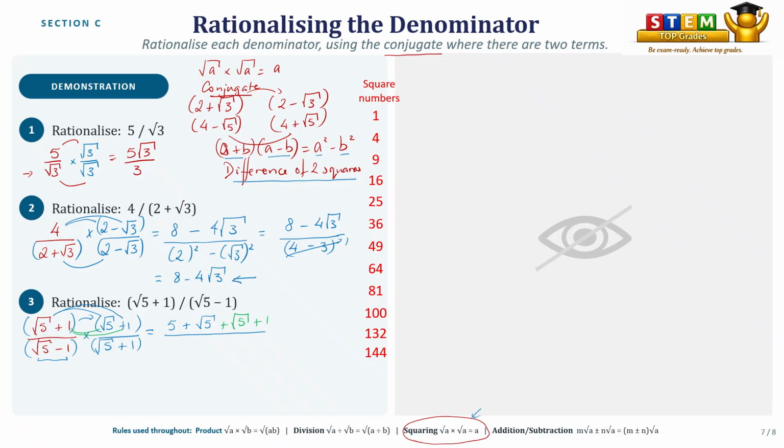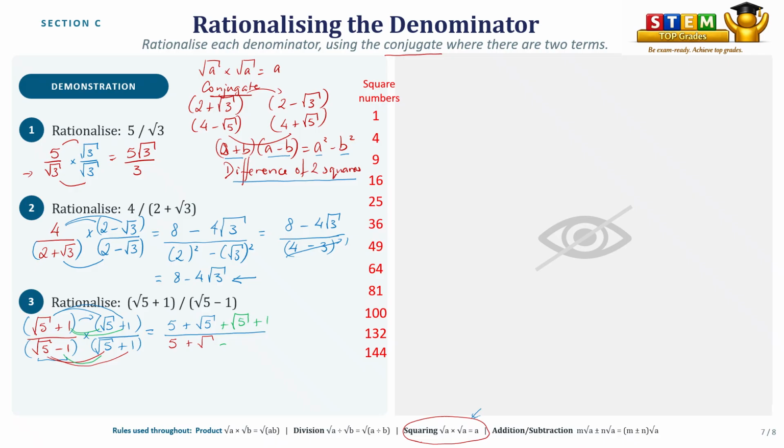Let's look at the bottom part now. Okay, so the first multiplication is root 5 times root 5, and that gives me simply 5. Root 5 times negative 1 gives negative root 5. And the next multiplication is negative 1 times root 5, which is negative root 5.